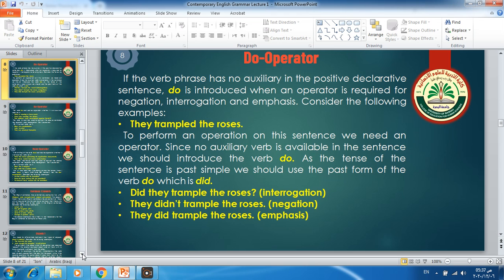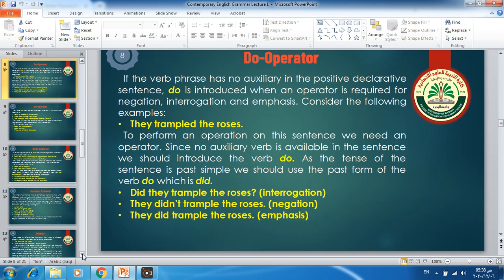If the verb phrase has no auxiliary in the positive declarative sentence, do is introduced when an operator is required for negation, interrogation, and emphasis. So the verb do, and of course its other forms, does and did, can be used as operators in case the verb phrase is devoid of any auxiliary verb.